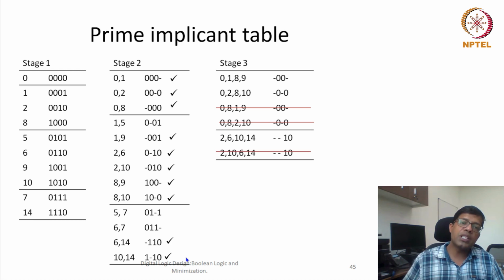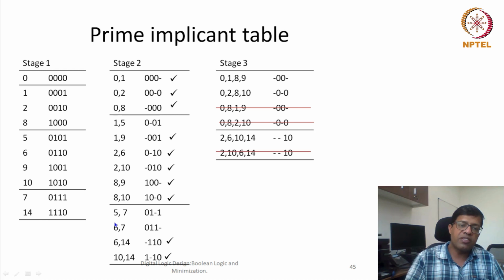Whatever is ticked means that they are not prime implicants, because a larger set exists where these implicants are only a subset. So prime implicants are the supersets which cannot be combined further. Because 0 1, 0 2, all of these could be combined further, they are not prime implicants.